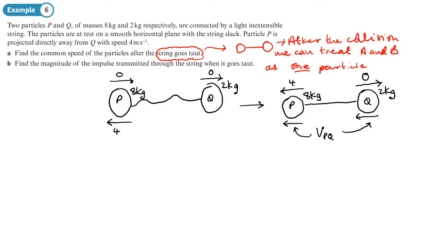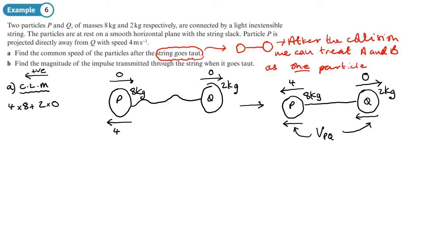Right, so let's work through this then. Part A, before our collision, so conservation of linear momentum. The total momentum before, I'm going to take this direction as positive because this is the direction they're moving afterwards. The momentum of P before the collision is 4 times 8. The momentum of Q before the collision is plus 2 times 0.